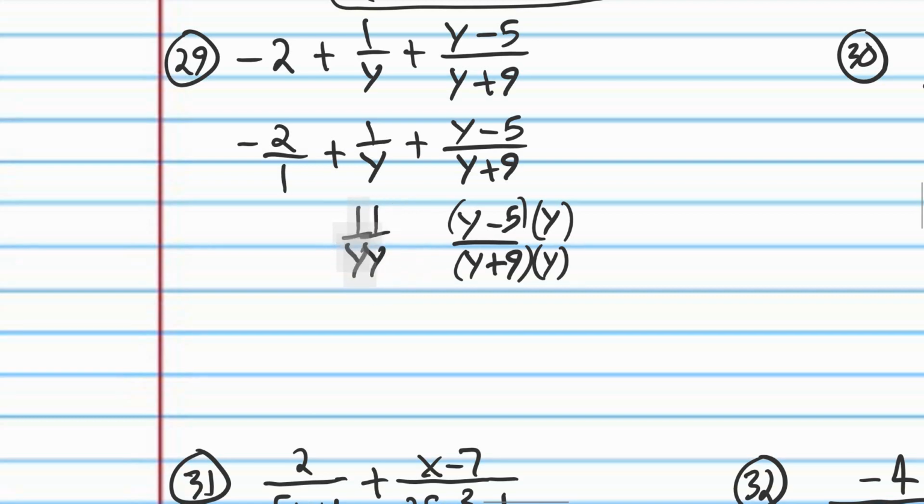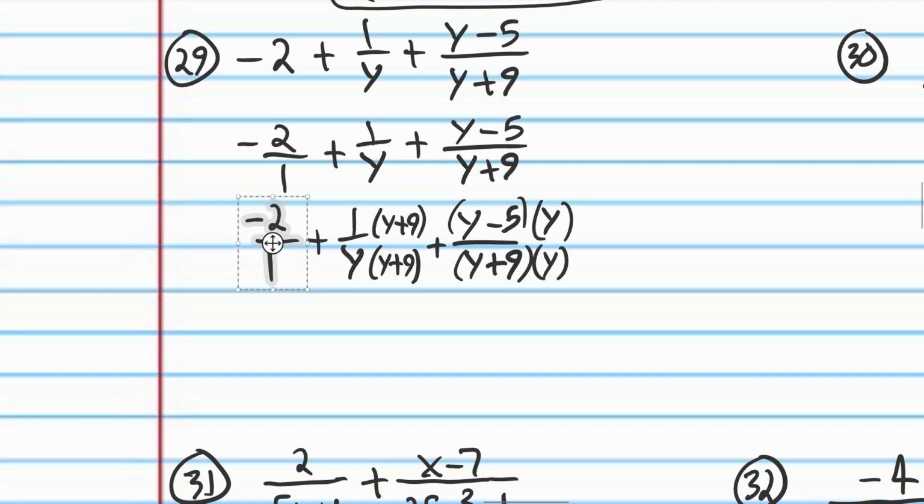So let's move that over a little bit. Again, we're using the fundamental principle of fractions. And then we're going to have to multiply both sides of this fraction. And I guess I could do it on the other side if I really wanted.